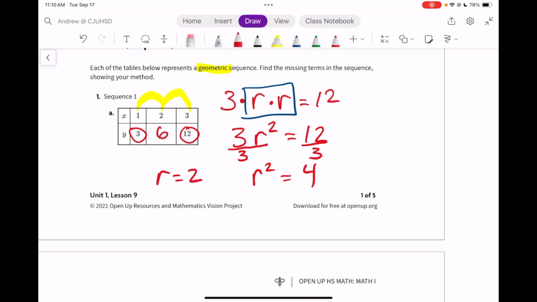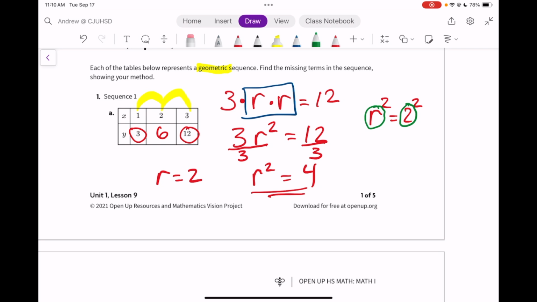So this is 6. How do you know that? Well, the prime factorization of 4 is that 4 is 2 times 2, or 2 to the 2nd power. So obviously, R must be 2.